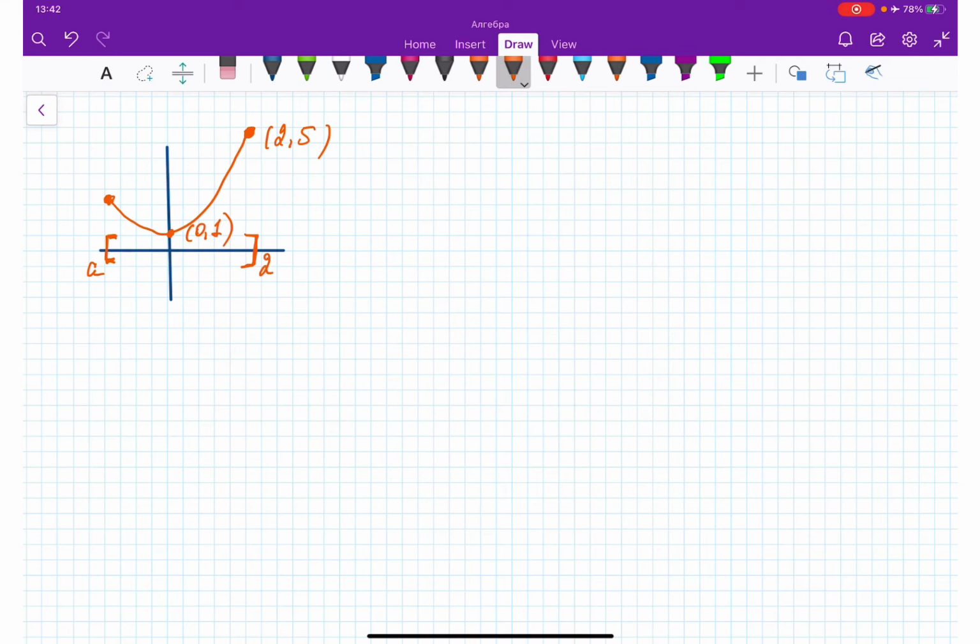If I had an open interval, then let's say my graph would look like this, and on this interval I would have only relative maximum and relative minimum, because there is no end to this graph. And I have no idea how this graph will behave when it runs to infinity, right? Therefore, absolute maximum and absolute minimum, or global maximum, global minimum, let me write down: absolute max and min we can have on a closed interval.